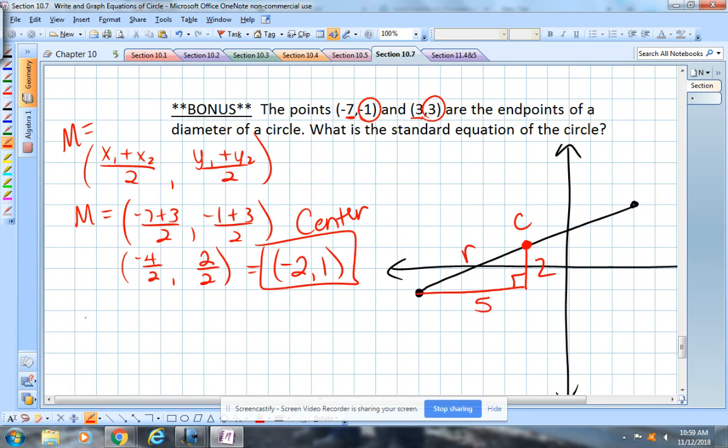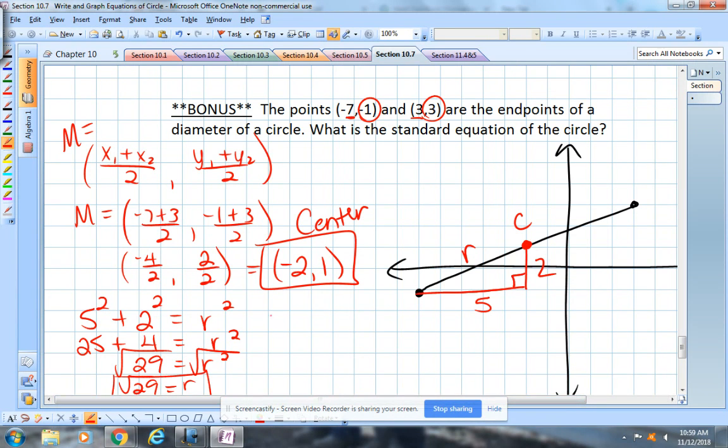So you're going to say 5 squared plus 2 squared equals r squared. What's 5 squared? Plus 2 squared equals r squared. What's 25 plus 4? Equals r squared. Take the square root. So radical 29 is your radius.